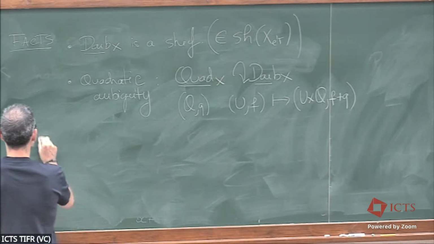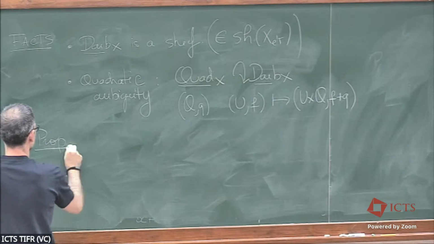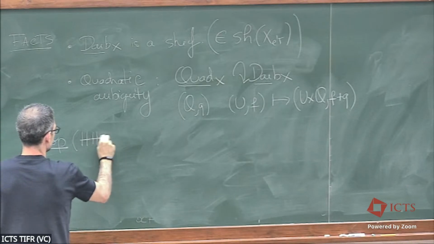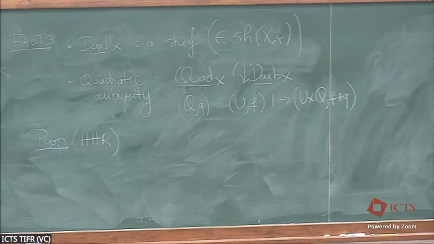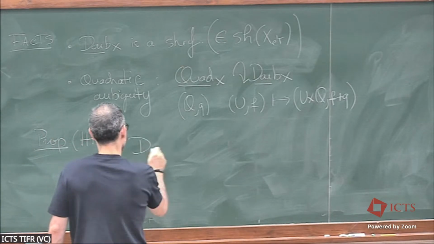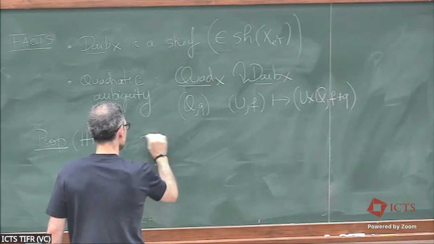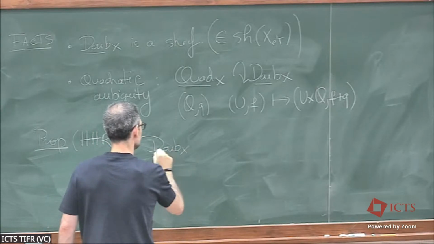So something else we proved, and now I start to build up to this theorem, is that one thing you can do is to look at the quotient stack of this action.